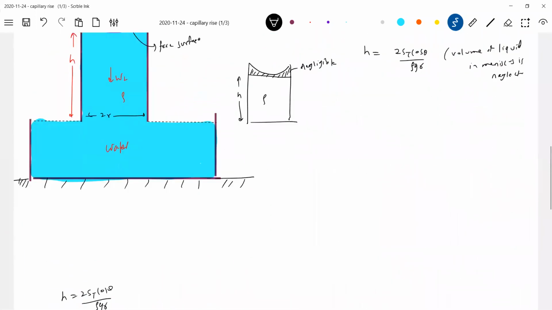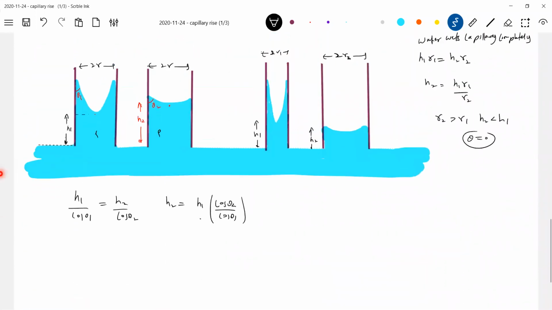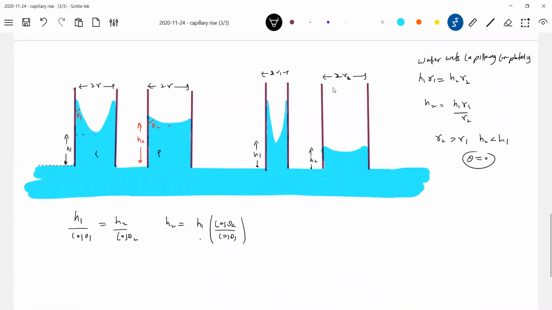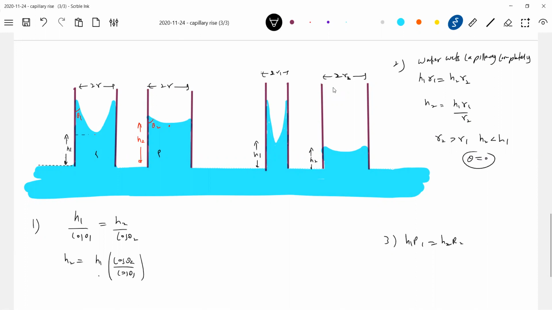You do have questions in the books. So there's a first case, a second case, even a third case, H1 R1 equal to H2 R2. You don't draw any diagram; directly take the help of the formula and analyze it. Okay, now we'll take some different application-based problems.